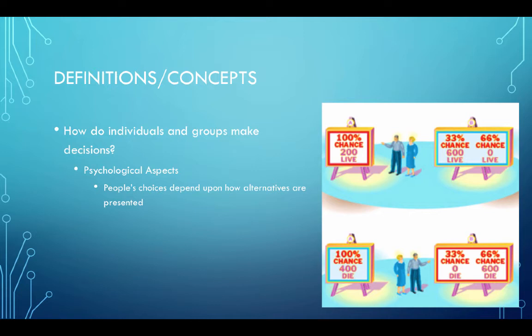The psychological aspect is an important part of decision making because it can override any rational process. People's choices depend on how alternatives are presented. So the cartoon in the right side of the figure shows a couple of cases.